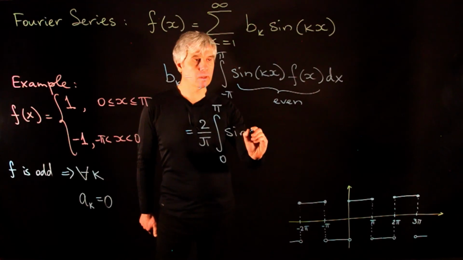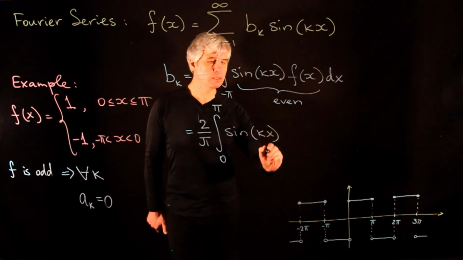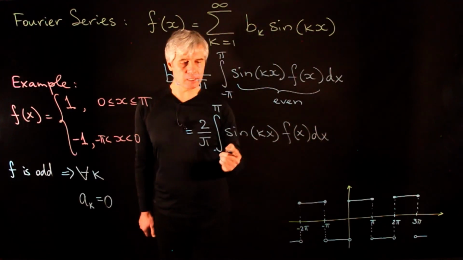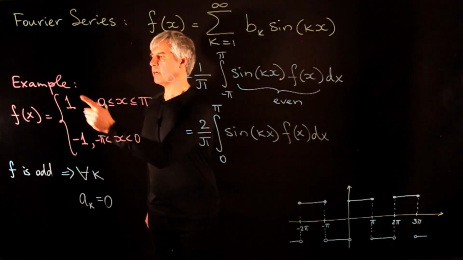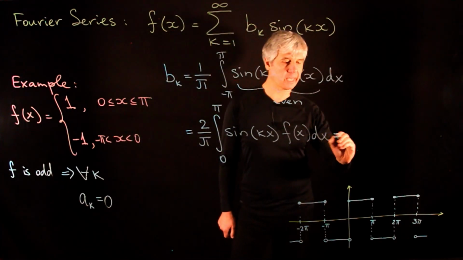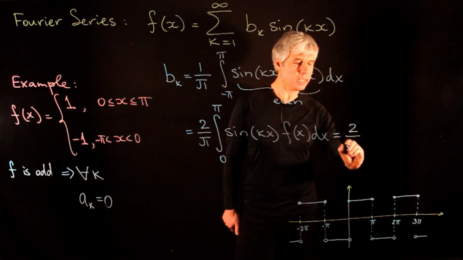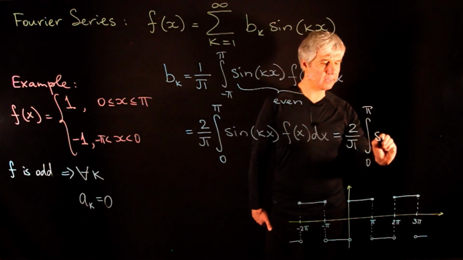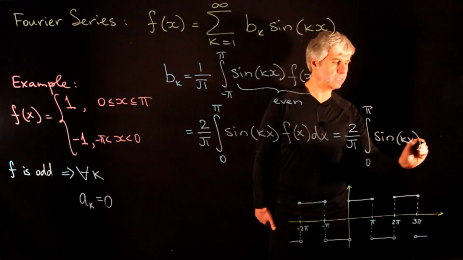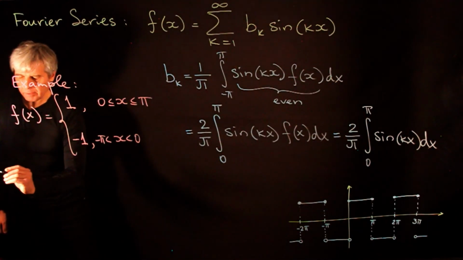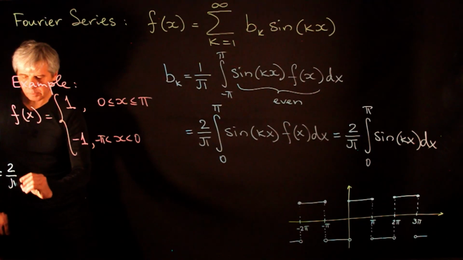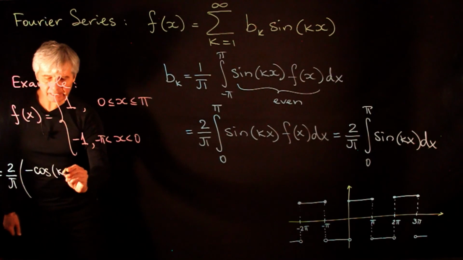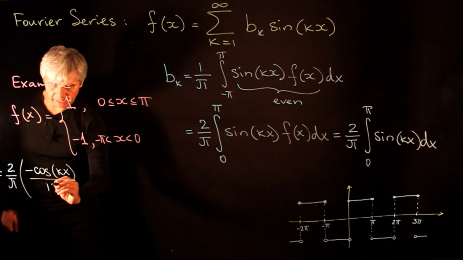So we have sine of kx times f of x dx. But when x is between 0 and pi, our function is simply equal to 1. So we get 2 over pi integral from 0 to pi sine of kx dx. The antiderivative here is going to be minus cos of kx divided by k.